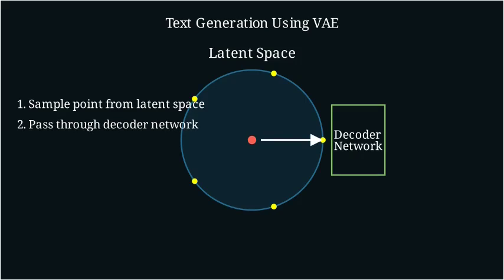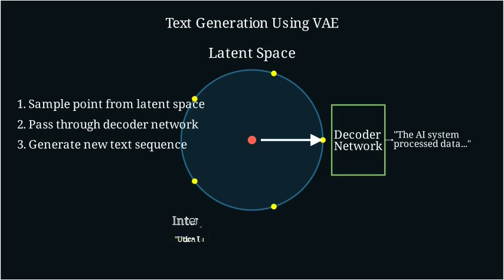Each point contains compressed information about text structure and meaning. When we pass these points through the decoder, it reconstructs them into coherent text sequences. By interpolating between points, we can even generate text that smoothly transitions between different concepts.